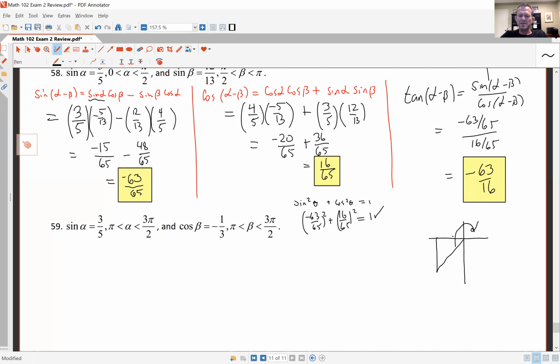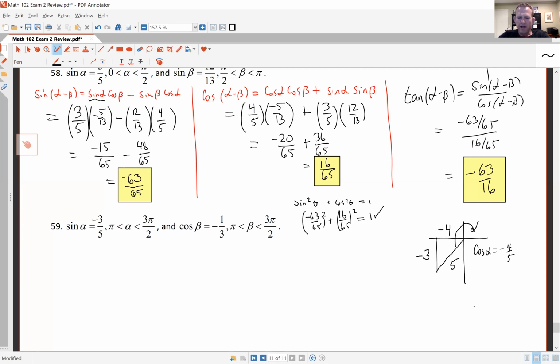Its sine is 3 over 5. And so in order to be in quadrant 3, this sine of alpha was going to need to be a negative 3. And then we know that 3, 4, 5 right triangles, but in quadrant 3, that's going to be a negative 4. So now we know then that the cosine of alpha is negative 4/5 in that quadrant.